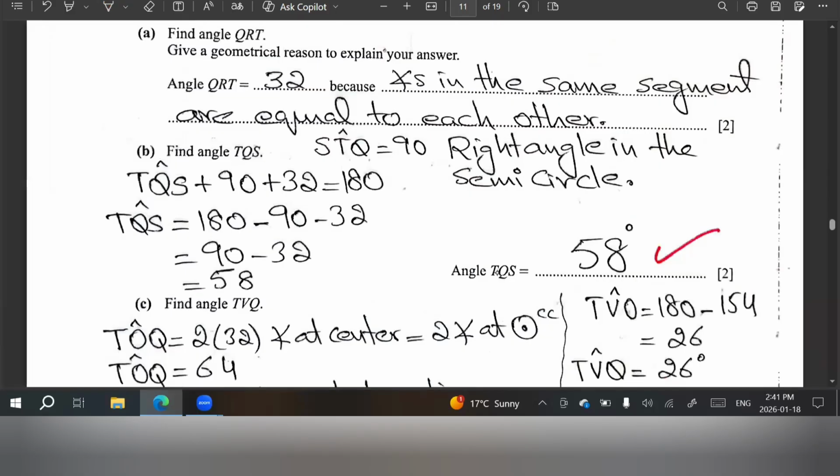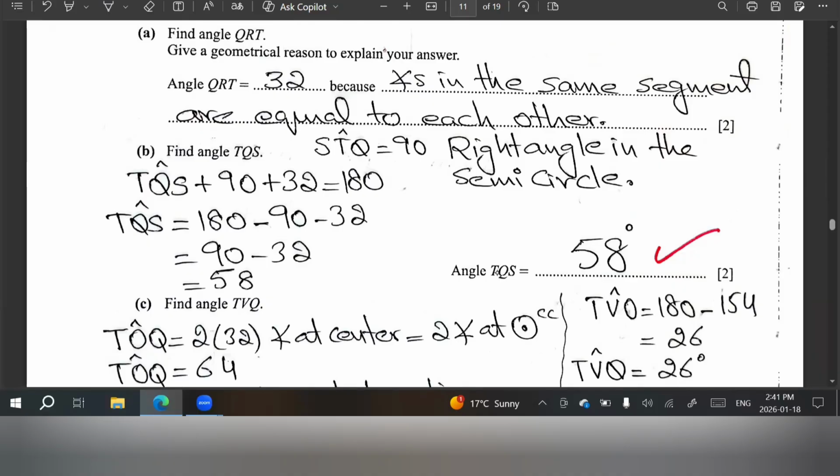The reason is this is the right angle in the semicircle. Then TQS plus 90 plus 32 equals 180. So TQS equals 180 minus 90 minus 32, that's 90 minus 32, which is equal to 58 degrees. So this is how you will do the B part. 58 degrees is the answer.